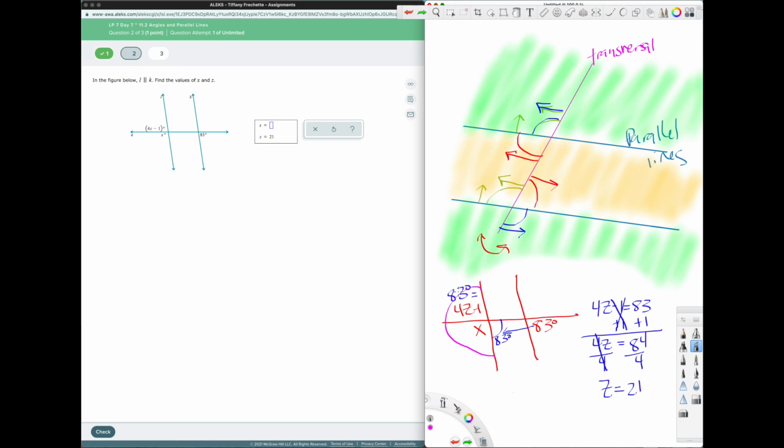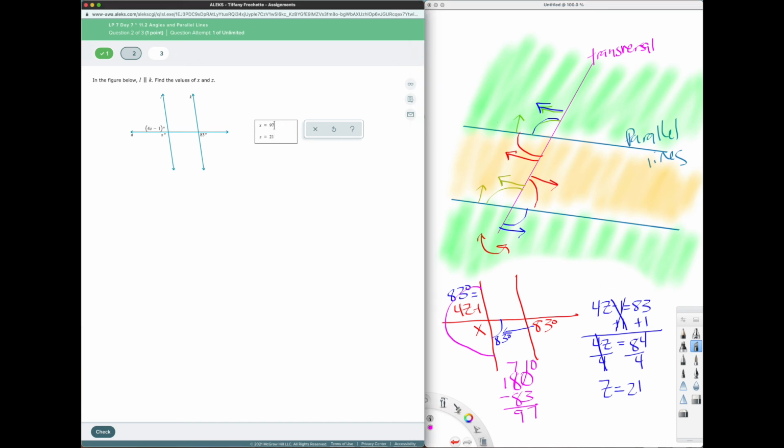So I can simply go 180 minus the 83 degrees. That'll tell me what's left over for my x. So I get 7 there, and then 17 minus 8 is 9. So I get 97 for x. All right. Check.